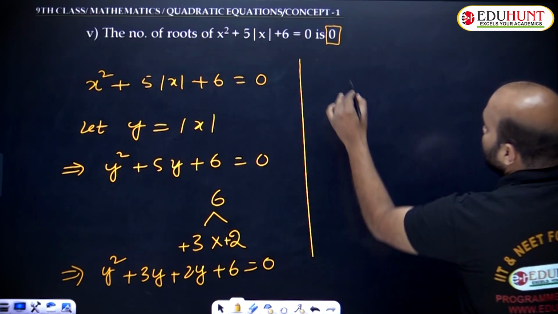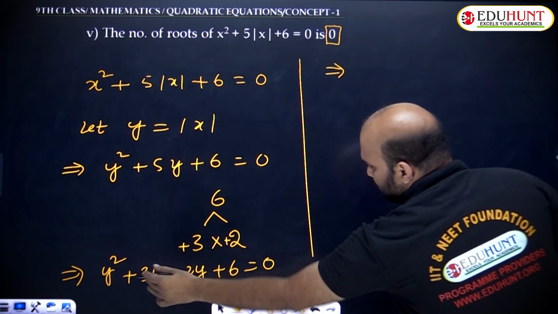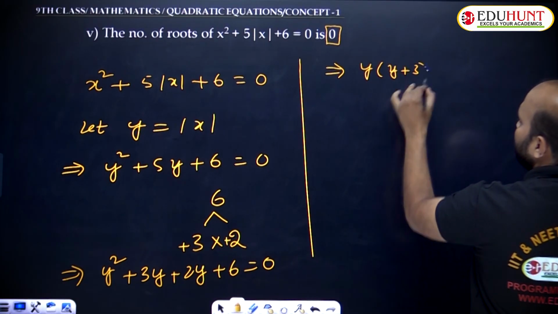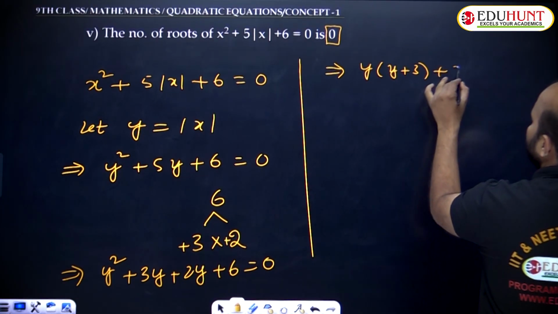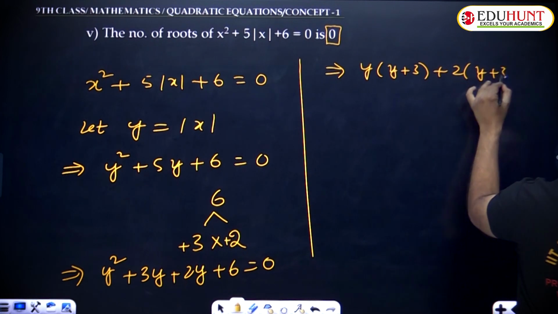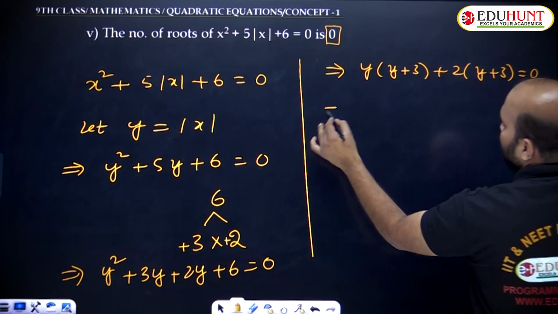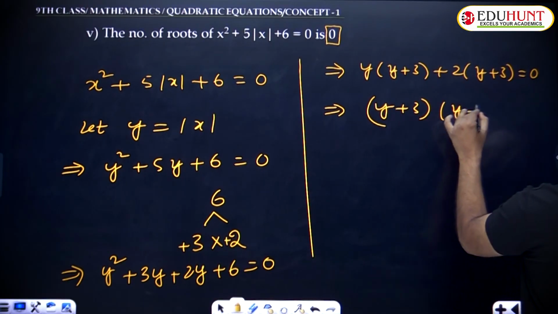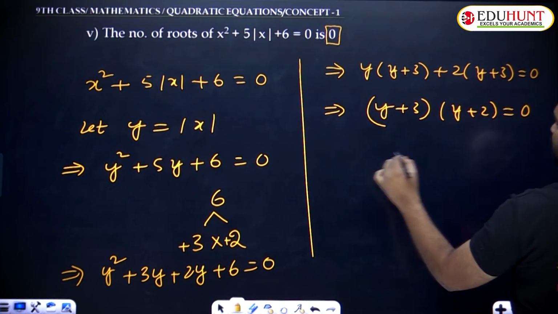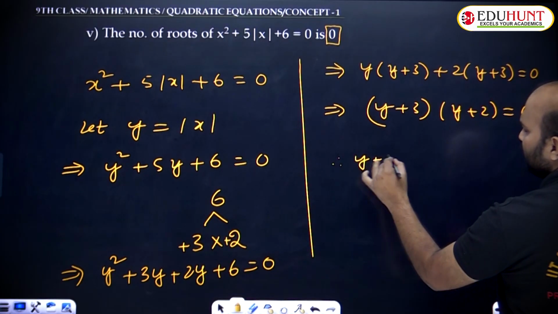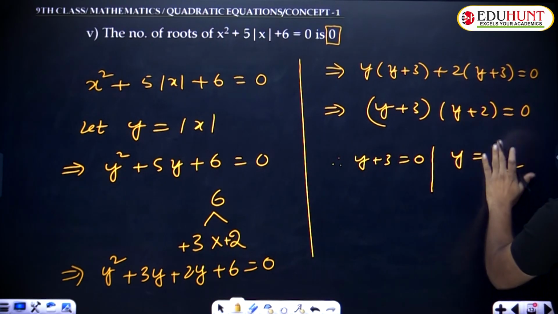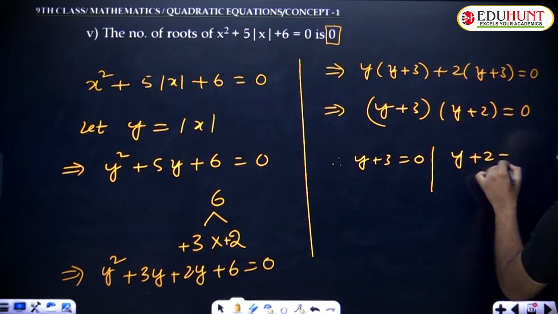In the first two terms y is common, so y into y plus 3. In the next two terms 2 is common, y plus 3. So it can be written y plus 3 into y plus 2 equals 0. Therefore y plus 3 equals 0 and y plus 2 equals 0.